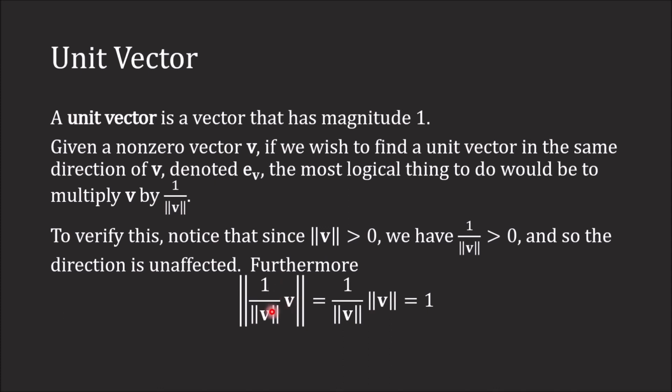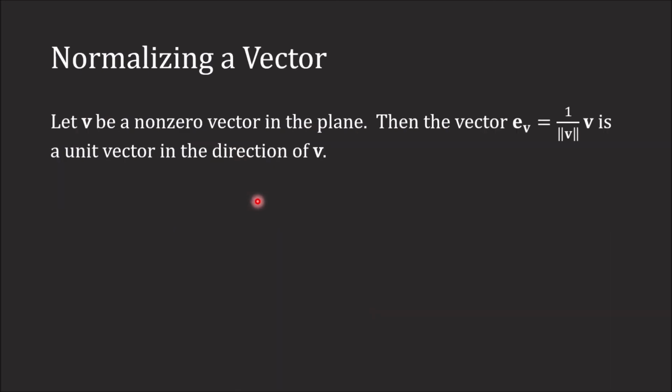But since 1 over the magnitude of v is positive, we don't need the absolute values. So we're left with the magnitude of v over magnitude of v, which is 1. And so this is indeed a unit vector. So the process of finding this e sub v is called normalizing the vector v.